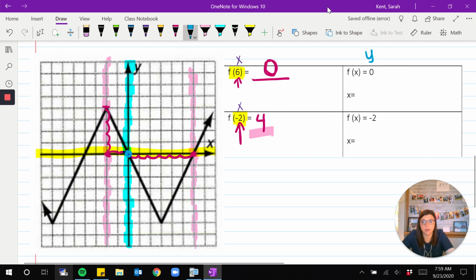So I want to see what numbers does the curve cross 0. So I go, oh, here's one that I need to look at. Oh, here's another I need to look at. Oh, here's another point. It crosses 3 times. So that means I'm going to have 3 answers.